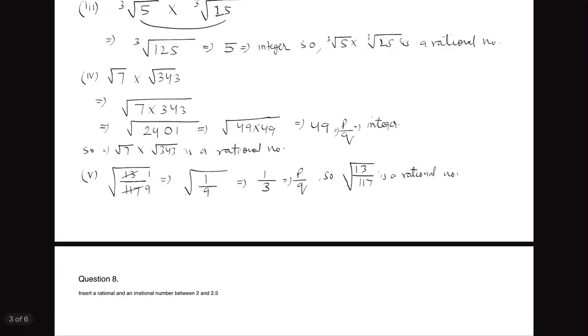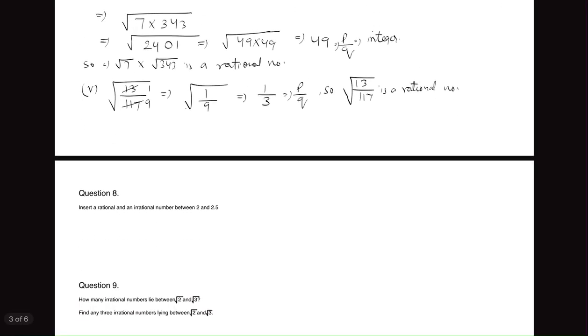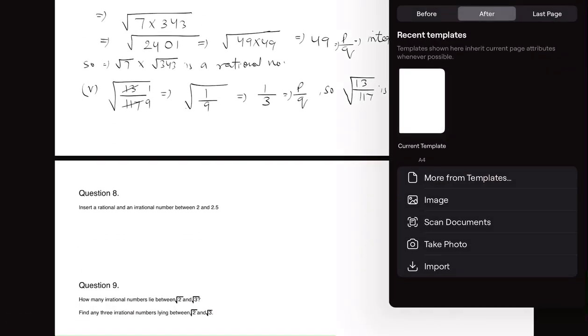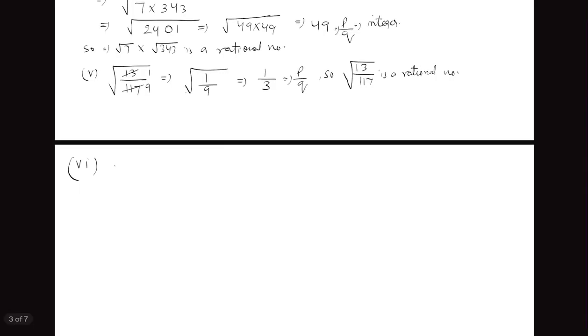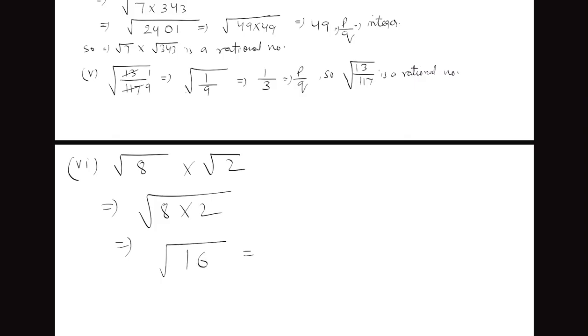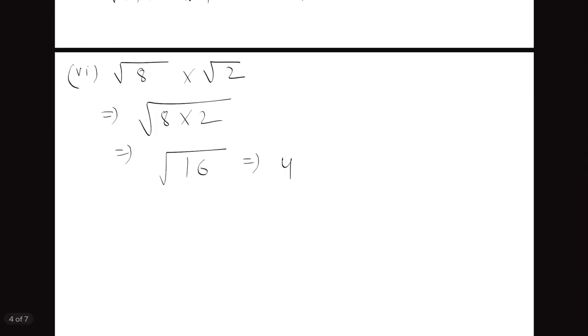number. Okay, now the sixth question is root 8 into root 2, which is equal to 8 into 2, which is equal to 16, which is a perfect square of 4.